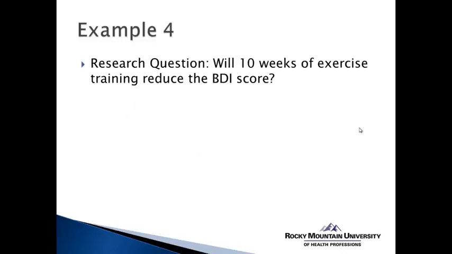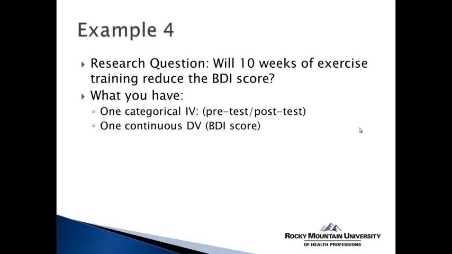Okay, example 4. Will 10 weeks of exercise training or performing exercise on a regular basis reduce someone's depression score? Will it reduce the BDI score? So in this case, we have one categorical independent variable, this being time, the passage of time.